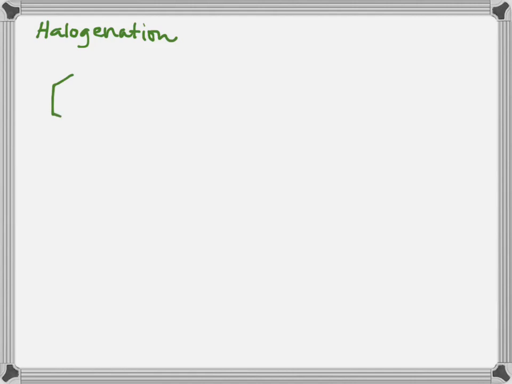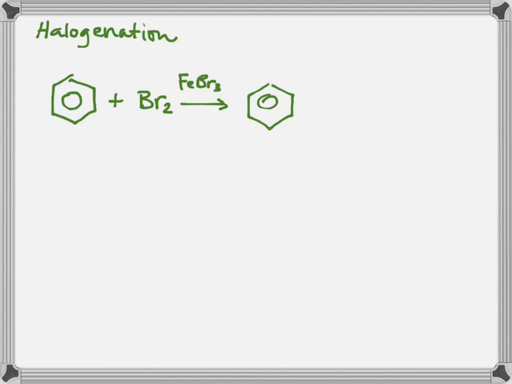So you've got your benzene ring, and you're going to add a halogen. Could be bromine or chlorine. This is also going to need a catalyst. And the bromine switches places with one of the hydrogens. So we end up with a bromine on here and HBr as our product. So those are the two types of reactions.